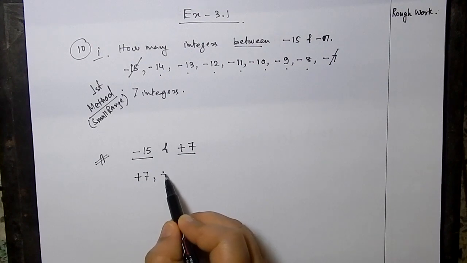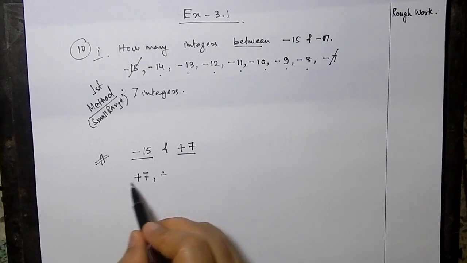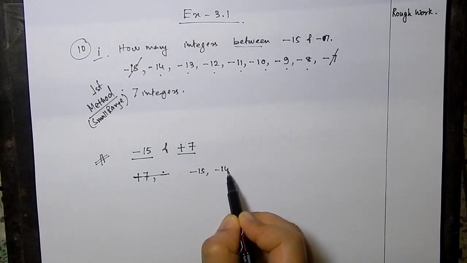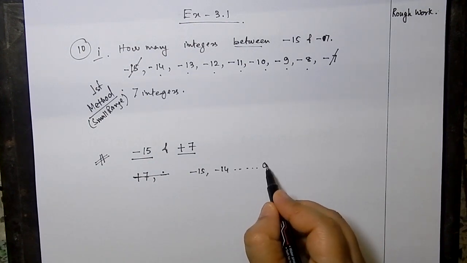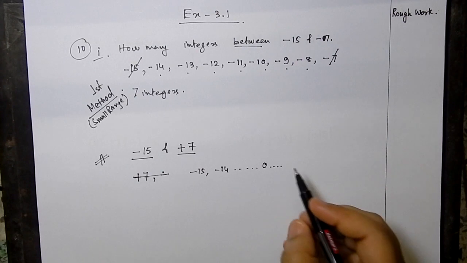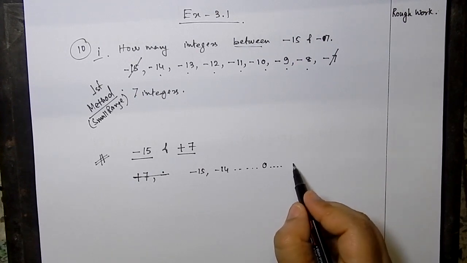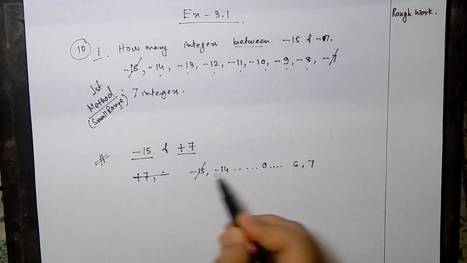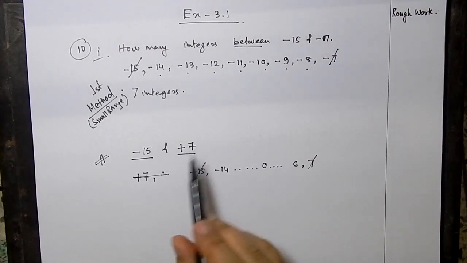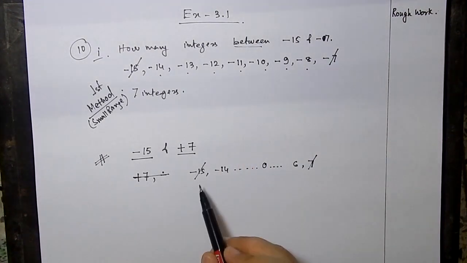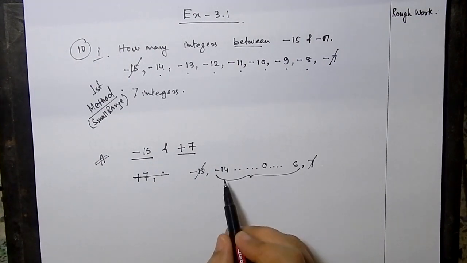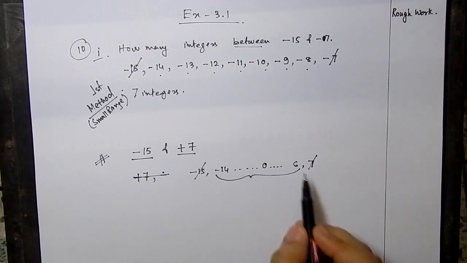So let us follow the process that we had used in the previous exercise, chapter 2. We have to do it in this way. Minus 15, minus 14, then we have 0, then we have 1, 2, 3 in this way, then 6, and then 7. Now I will not count these two because it's given between, so I have to exclude minus 15 and 7, and I have to count the numbers from minus 14 to 6.